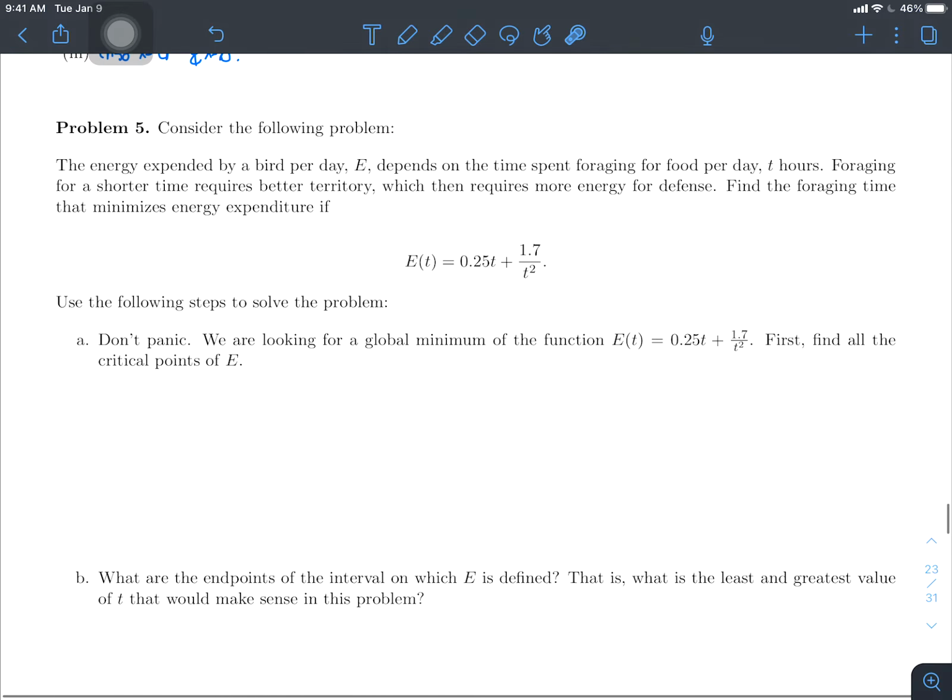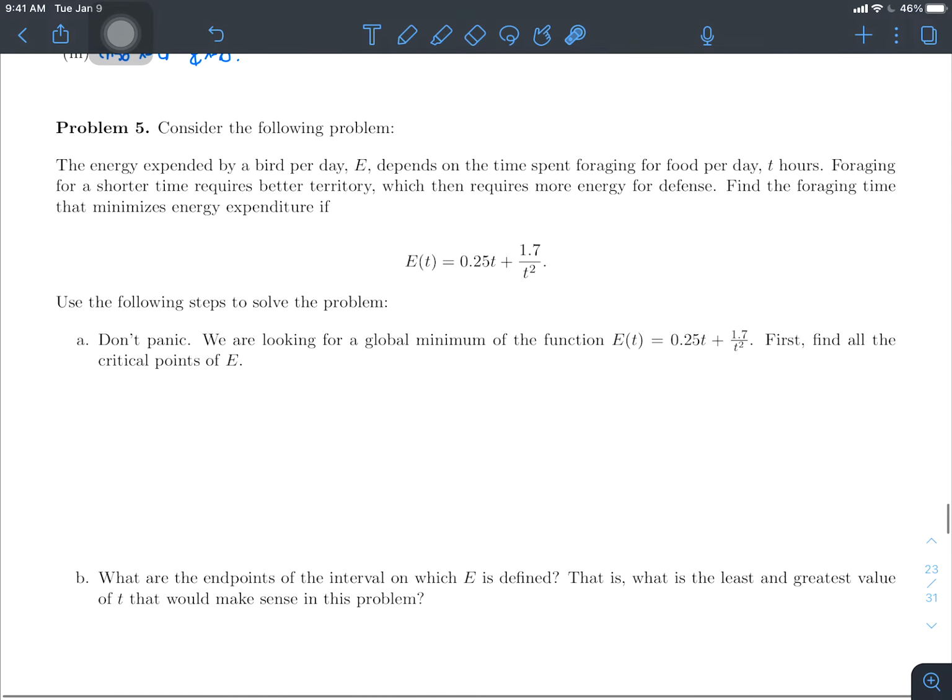Okay, so I'm going to go through this example nice and slowly, and then after that, I'm going to spend some time reviewing the chain rule, because I think we should go back over that a little bit. So, they tell us that there's a bird, and the bird expends a certain amount of energy each day.